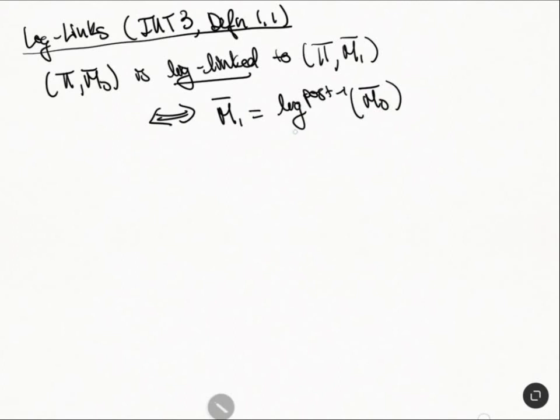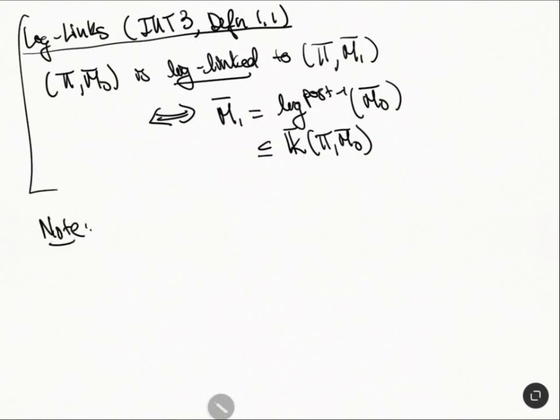In order for this to make sense, this needs to be given a field structure, right? So this needs to be contained in this thing here, k pi m0 bar. So note that this definition only makes sense with field structures.